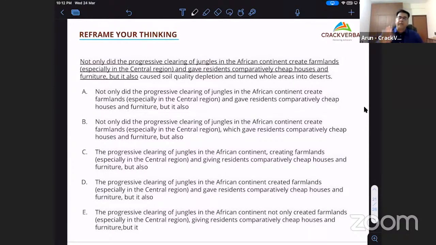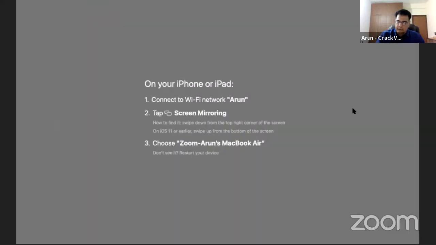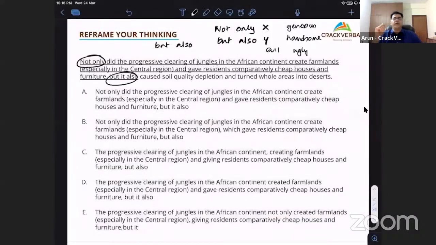Now, this is where the meaning of the sentence, especially in the case of sentence correction, comes into play. Correct? So what happens is, I'm just going to, sorry about it. It just keeps happening. I don't know what's wrong with the correction. But the whole idea is whenever you look at a positive or a negative, in this case, create farmlands and gave residents comparatively cheap houses.